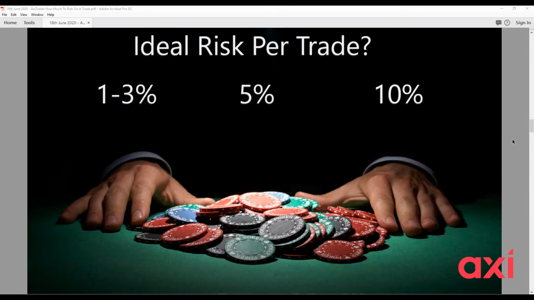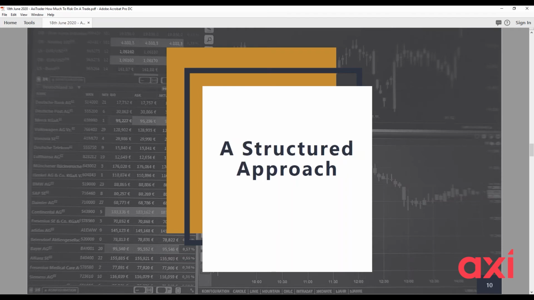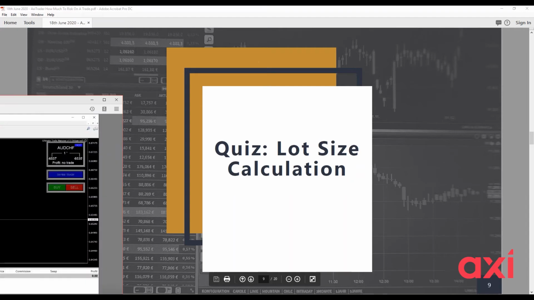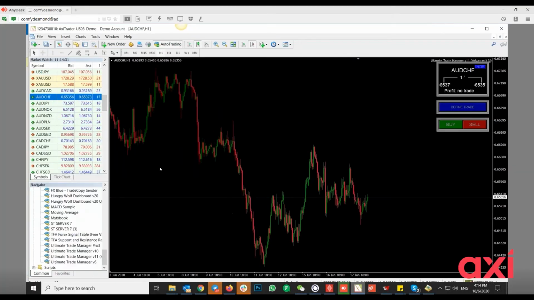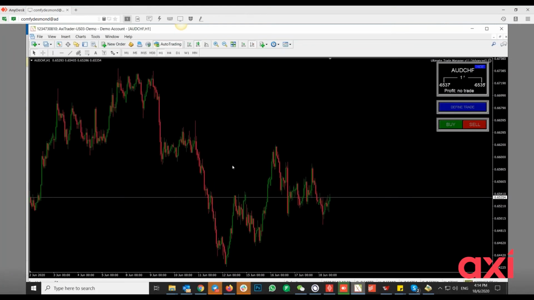So let me go on to the next exciting thing, which is lot size calculation. So we have $50,000, 1%. Now is where we're going to take the chance to, yep, here we are. So we are on Aussie franc, and let's just say that we want to take a trade on Aussie franc.